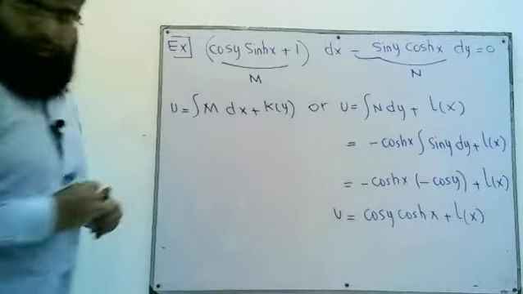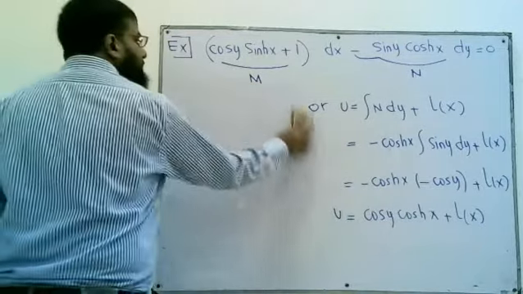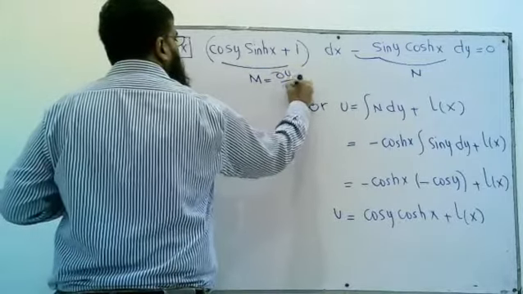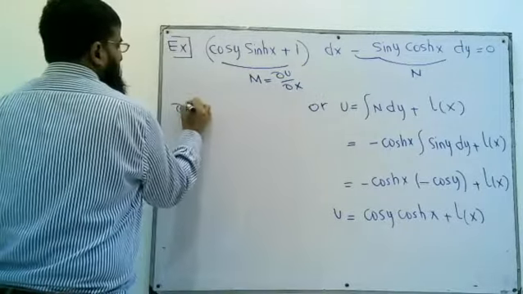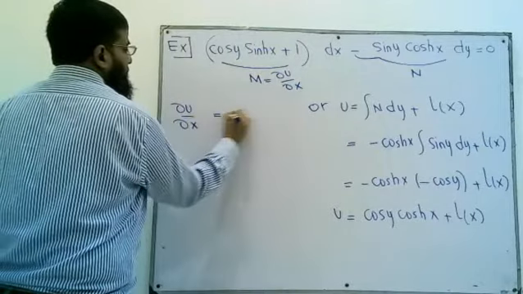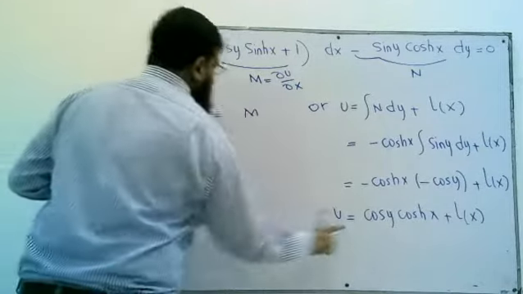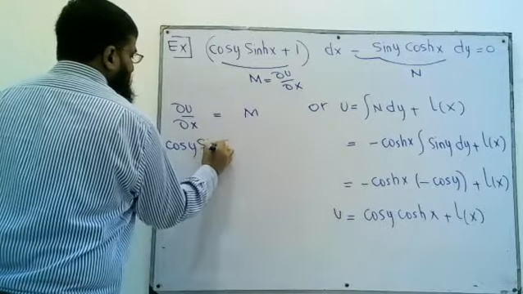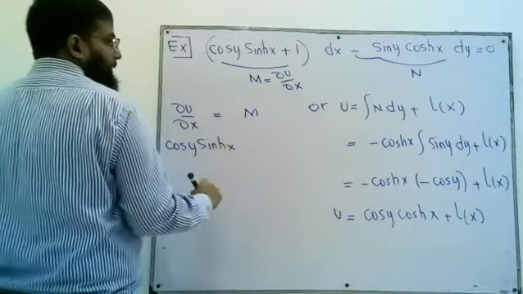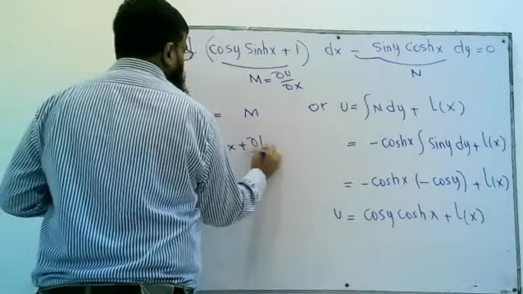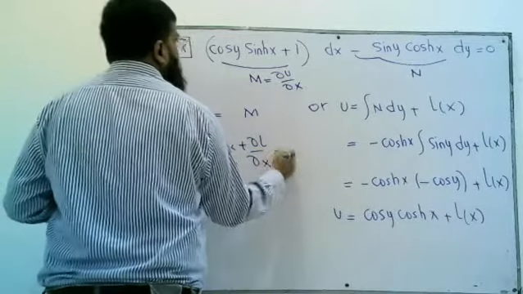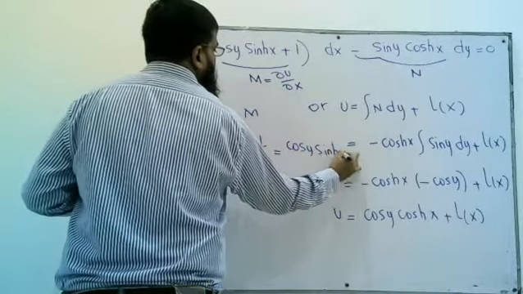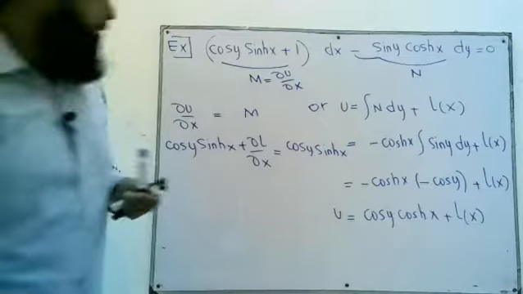So this is a solution u, but we have to find L of x. For that we'll differentiate it with respect to x. Why with respect to x? Because we know that M is partial u over partial x. So partial u over partial x should be put equal to M. If we differentiate it with respect to x, this is cos y, and cosh x, its derivative is sinh x, plus partial L over partial x, is M, that is cos y sinh x plus 1.